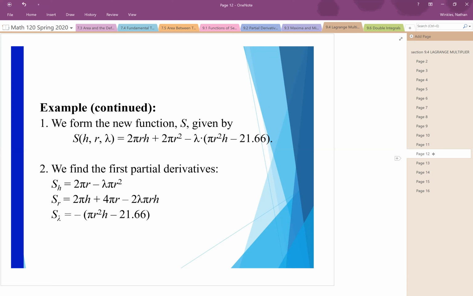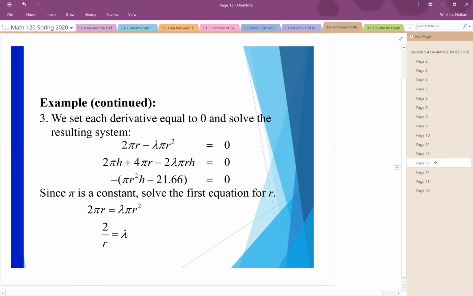So to solve for lambda, we're going to look at it on the next screen. Setting those three equal to 0, since pi is a constant, if we look at solving the first one by setting 2 pi r equal to lambda pi r squared, we're solving for lambda, so we're going to divide by pi r squared in each case.